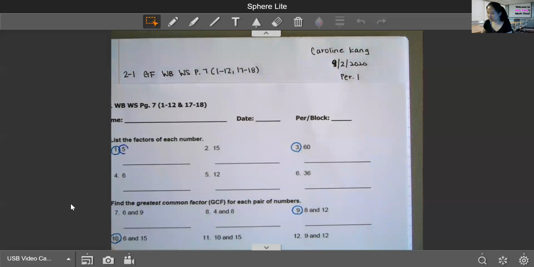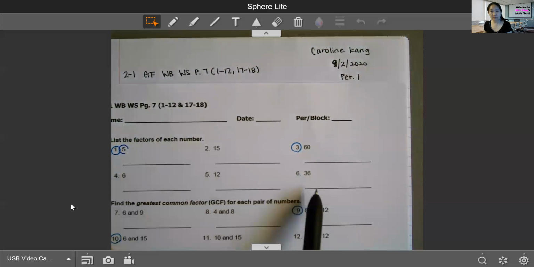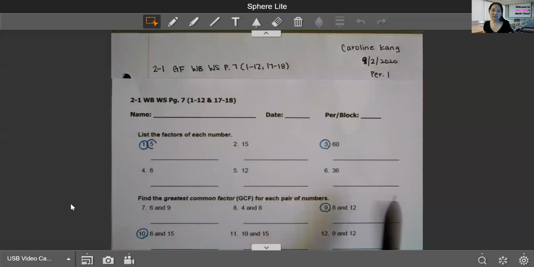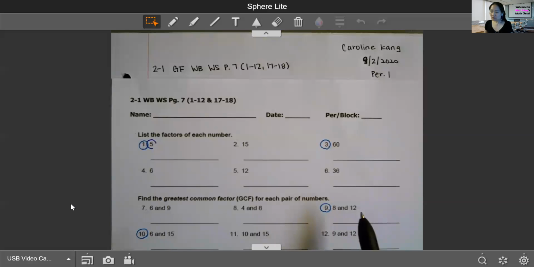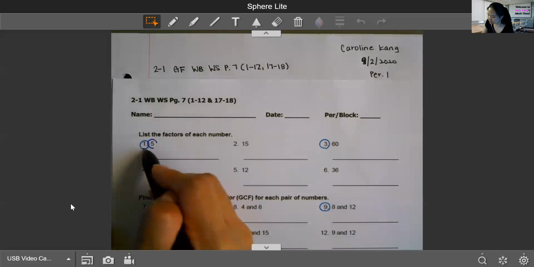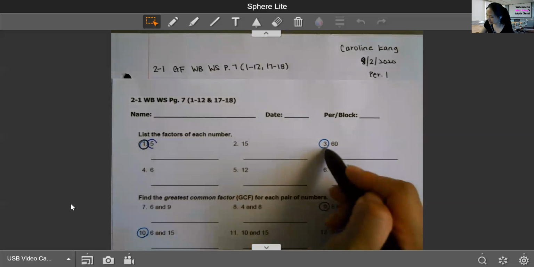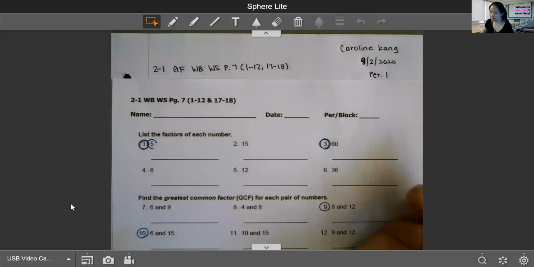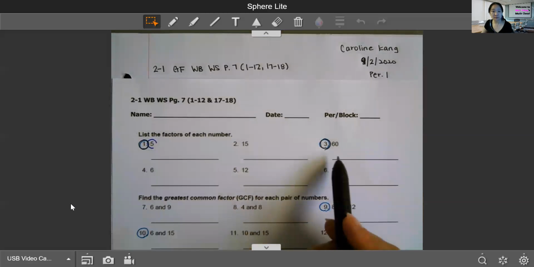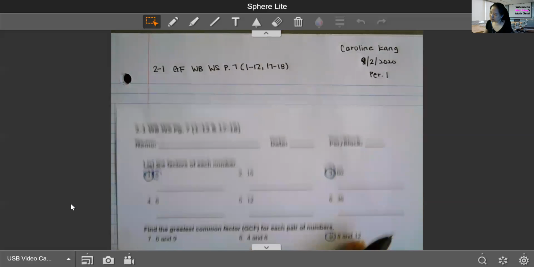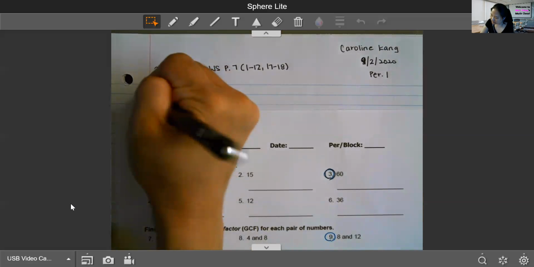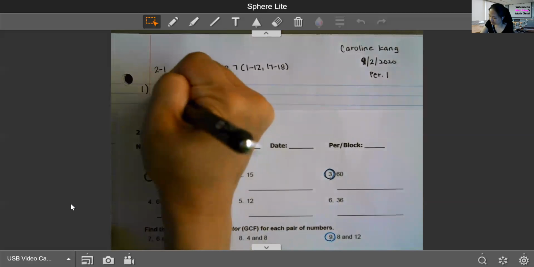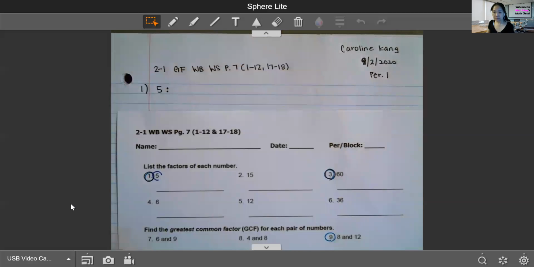So if you take a look at the first 6 problems here, it says list the factors of each number. So I'm going to go ahead and do numbers 1 and 3 here. So factors of 5 and factors of 60. I'm going to write for number 1, 5, and I'm just going to put a colon here.